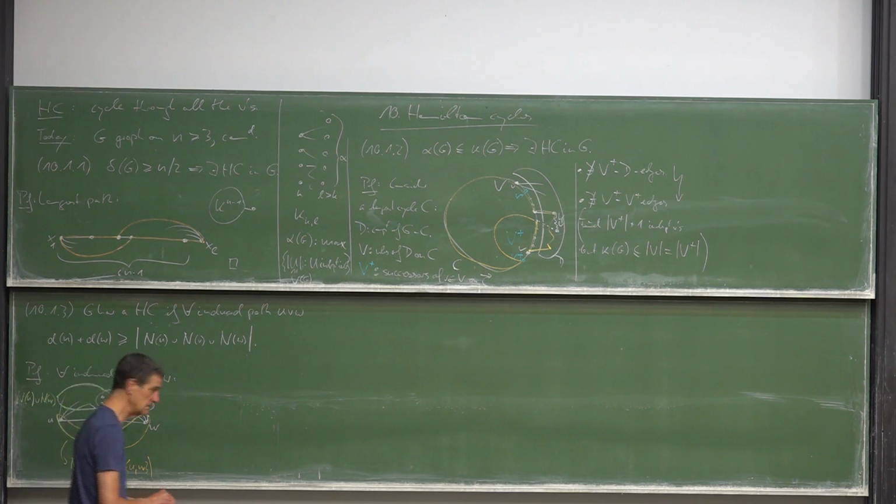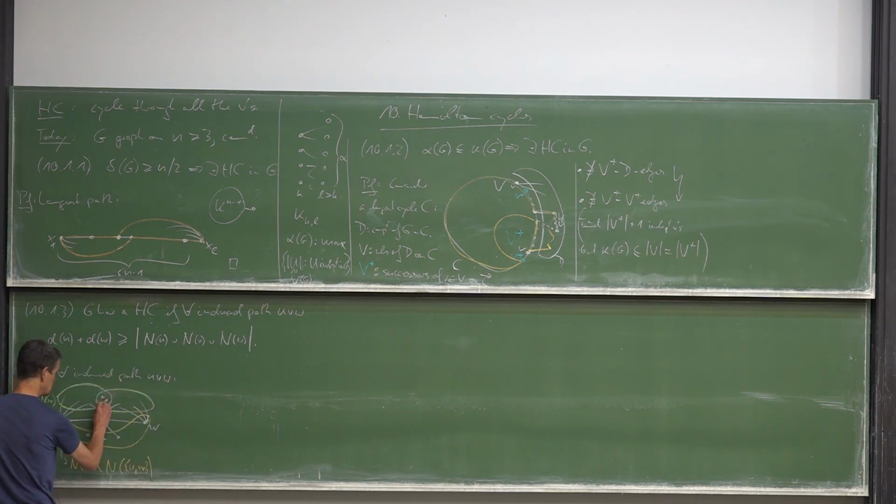Now, let's make this intersection blue. From this inequality, what does this inequality tell us? The sum of these degrees counts the vertices in blue twice.